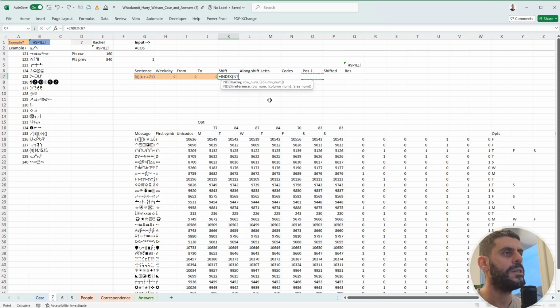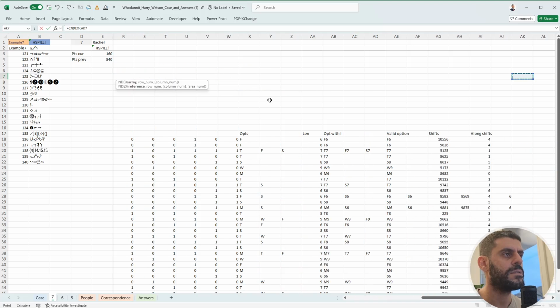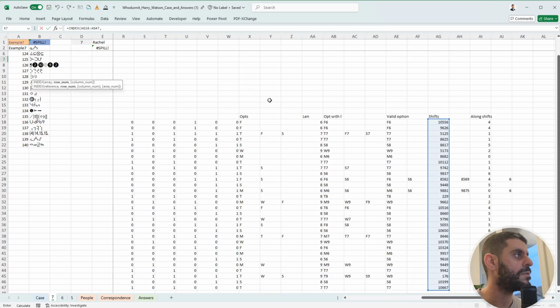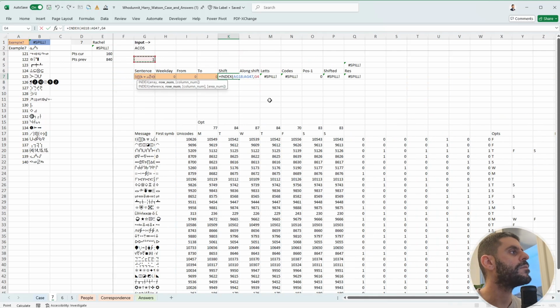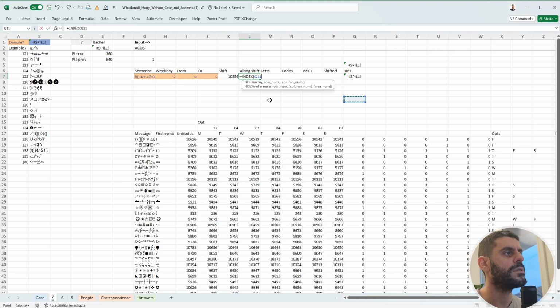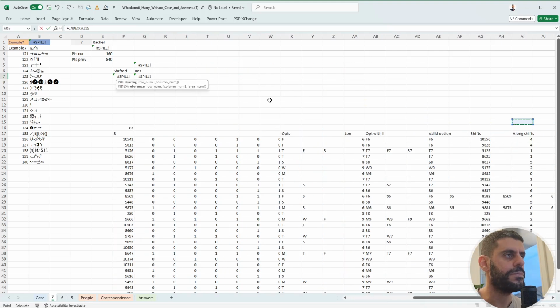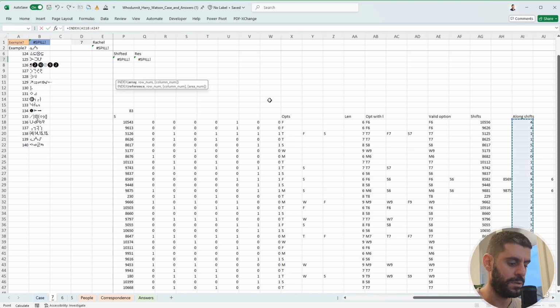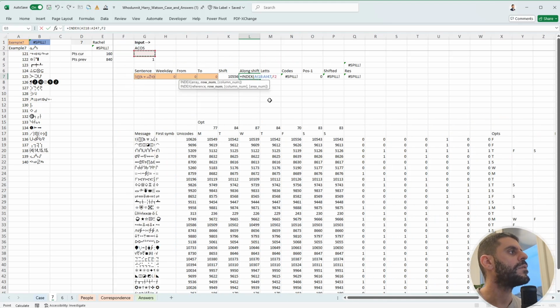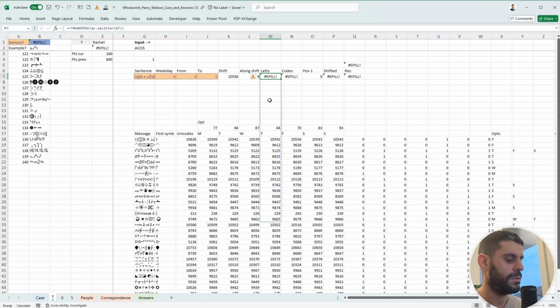Shift, I wanna index this according to this. And long shift, I wanna index this according to this. Okay.